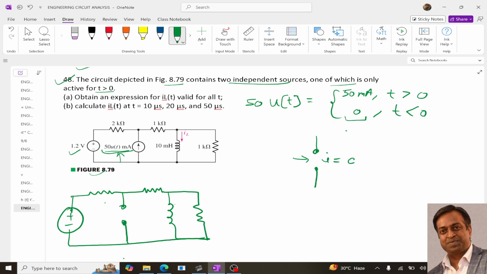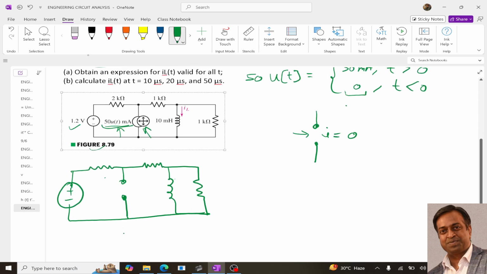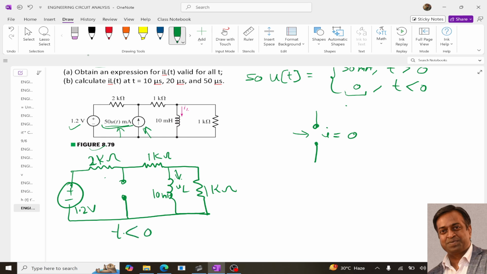So at t less than 0 this current source will act like an open circuit, so we replace it with an open circuit. This is 10 millihenry, this is 1k ohm, this is 2k ohm, this is 1k ohm, this is IL.